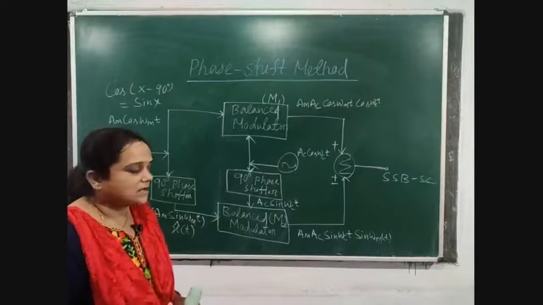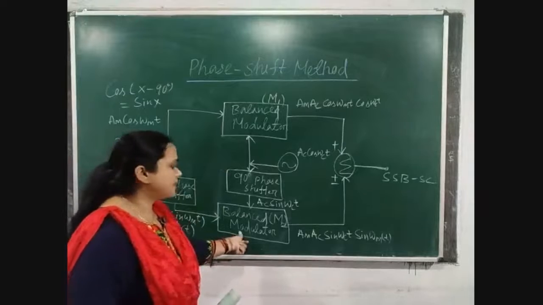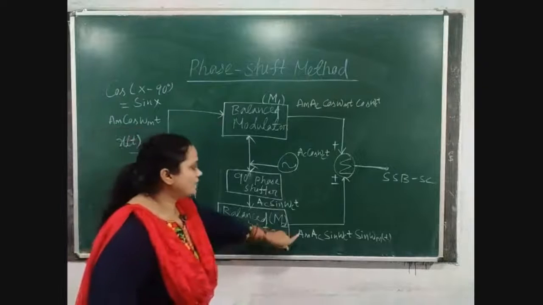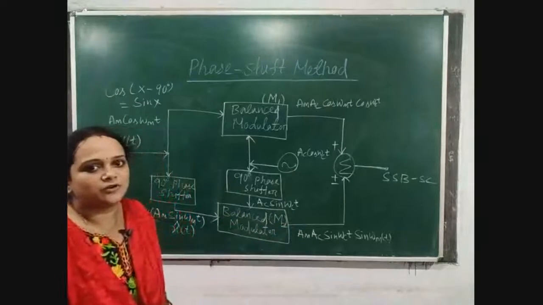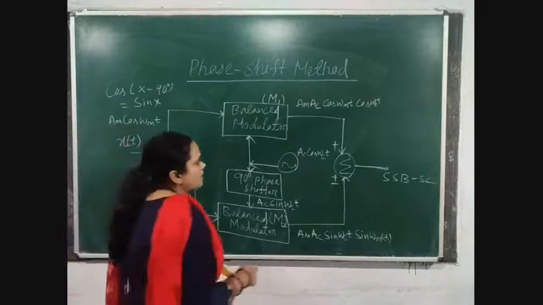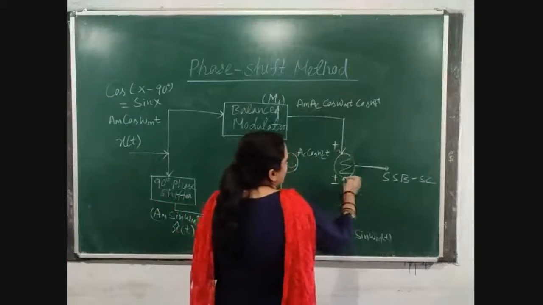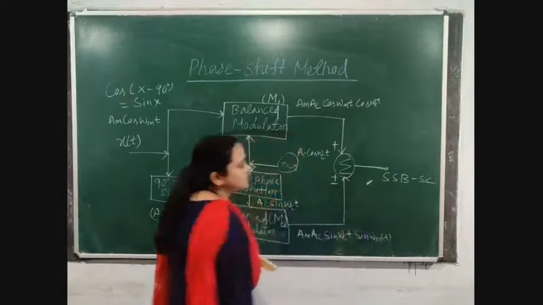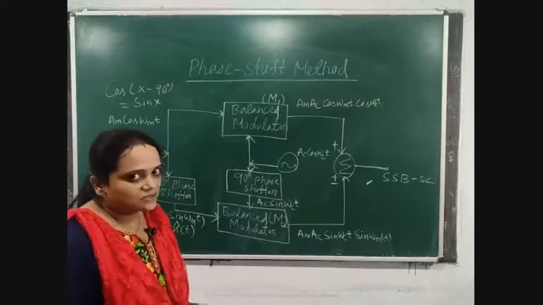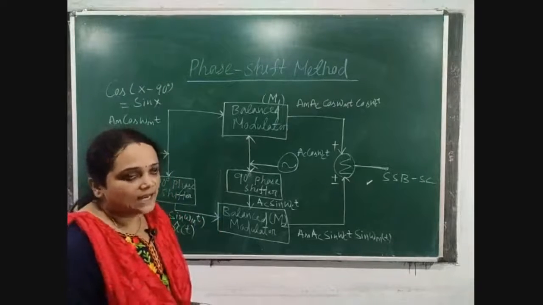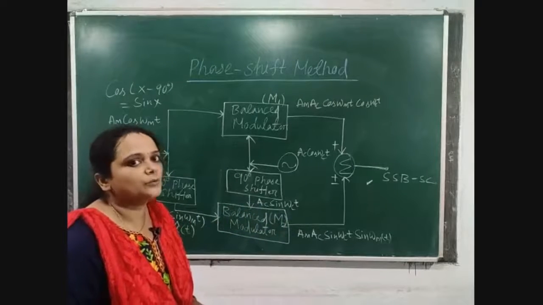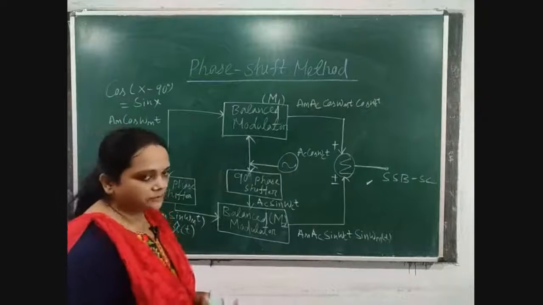We can also say that if the balanced modulator is in the quadrature path, it automatically gives a negative output. After adding or subtracting, we get the single sideband suppressed carrier. If we add these two signals, we get the LSB at the output. If we subtract them, we get the USB, the upper sideband.